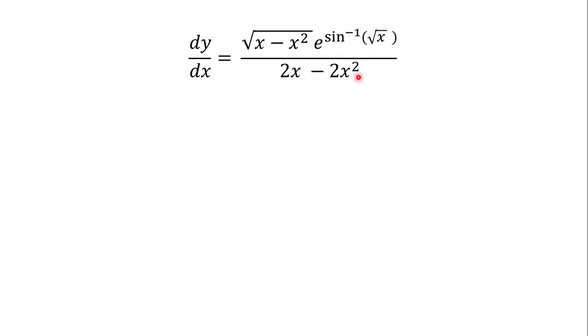You can reverse this one to the original one by multiplying the same denominator and numerator by the square root of this. When you do that, this one here, you factorize and you get 2 bracket x minus x squared, and this one will be left on top here, and that one and this one will cancel to be left with 2.